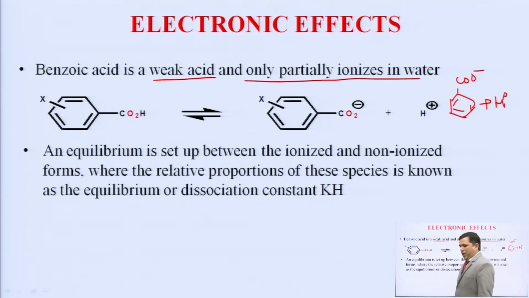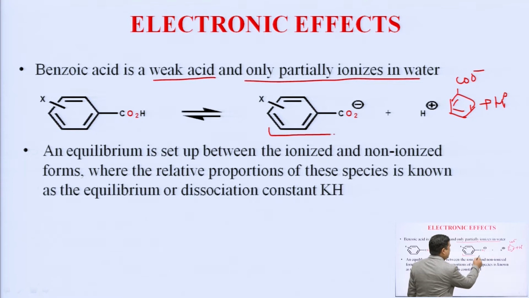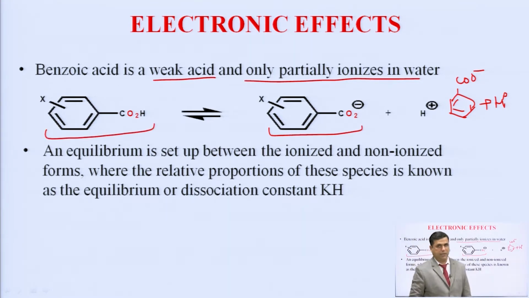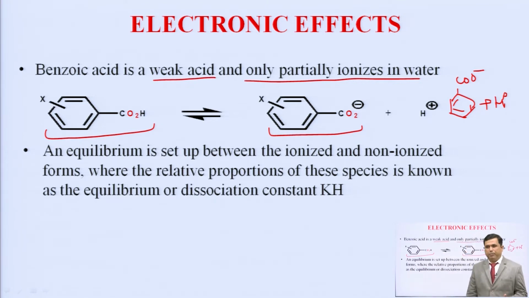After the ionization, an equilibrium is set up between the ionized benzoic acid and the non-ionized benzoic acid. The relative proportion of these species is known as the equilibrium or dissociation constant, in terms of KH.